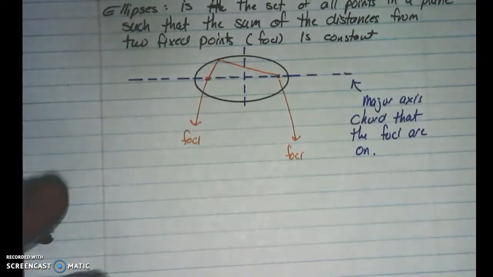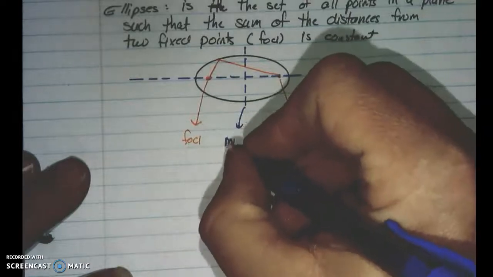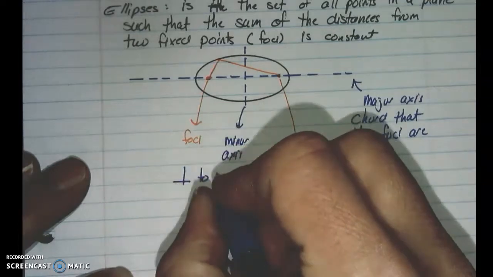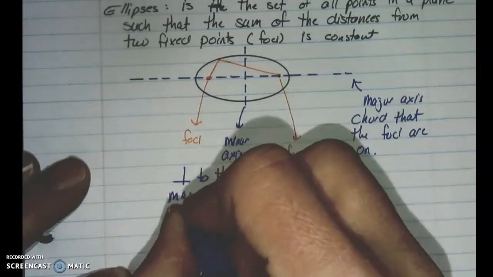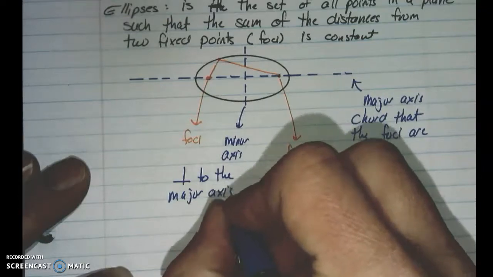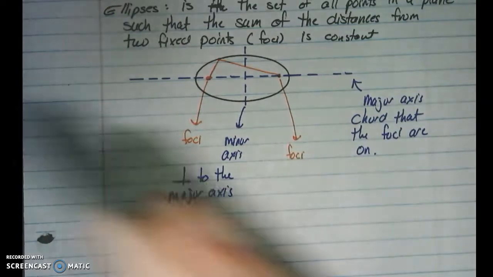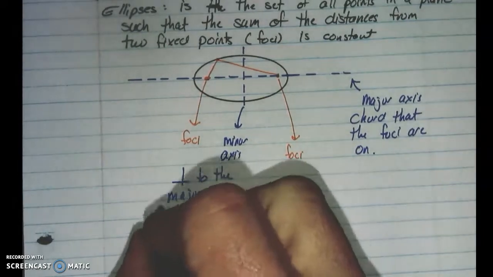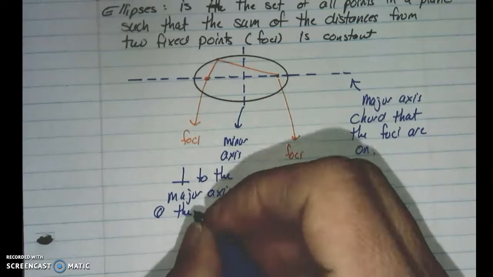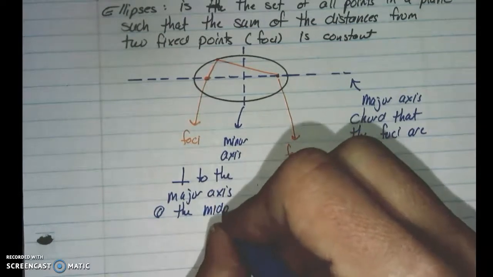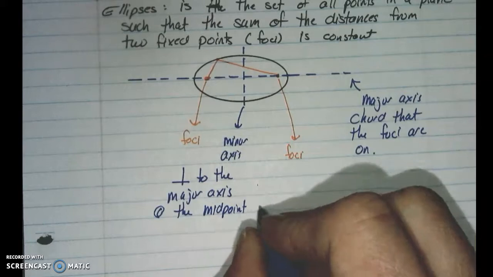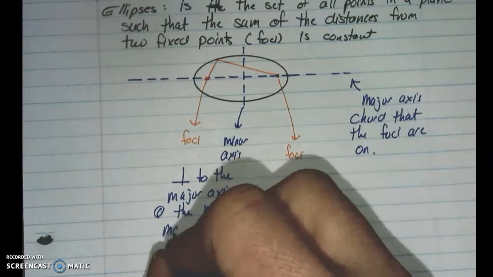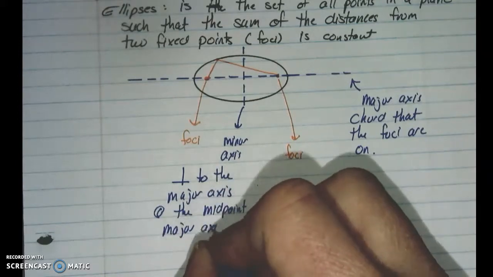So then this right here is a minor axis because it's going to be perpendicular to the major axis. It doesn't have the foci on it, and it's also at the midpoint of the major axis.